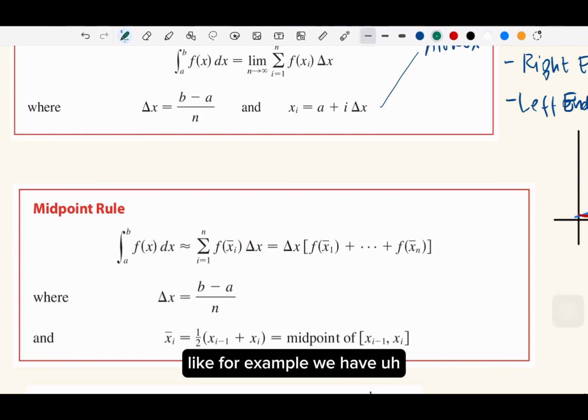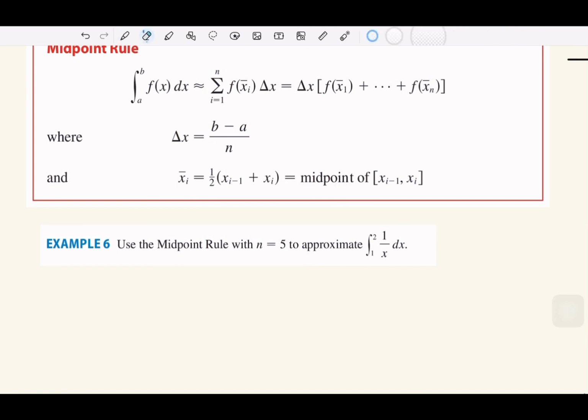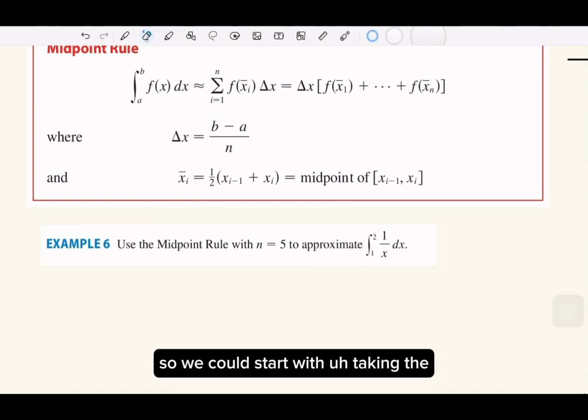Like for example, we have here, use midpoint with n equal 5.